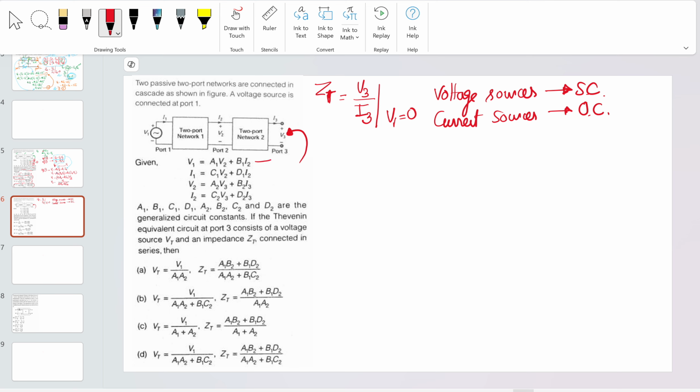Okay, so let me assume that this is equation 1, this is equation 2, this is equation 3, and this is equation 4. Before moving on, we have kept V1 equal to 0.